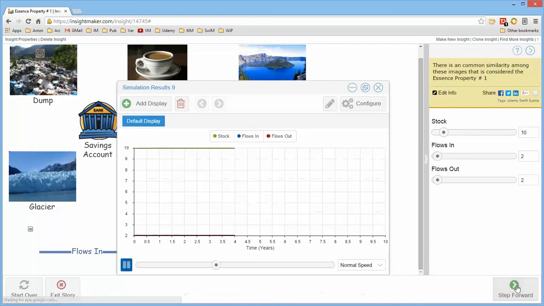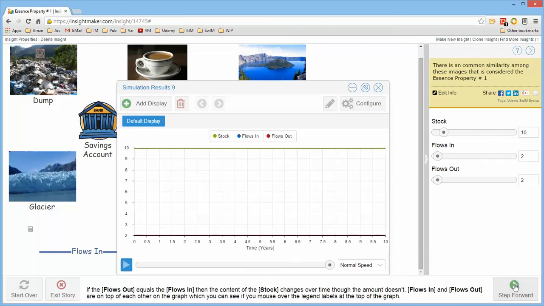If the inflow and outflow were the same, the quantity in the stock wouldn't change. What the stuff actually was would change, because there's stuff flowing in and stuff flowing out at the same time. So what's in the stock changes, but the amount of stuff in the stock doesn't change.